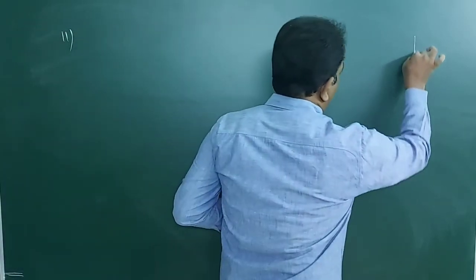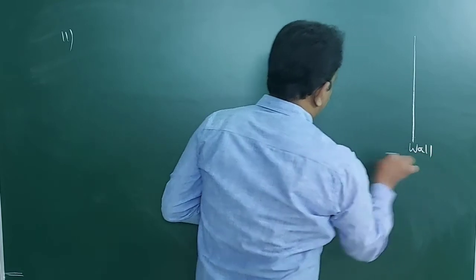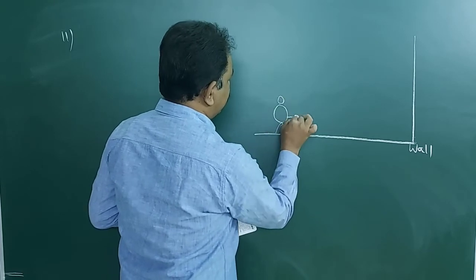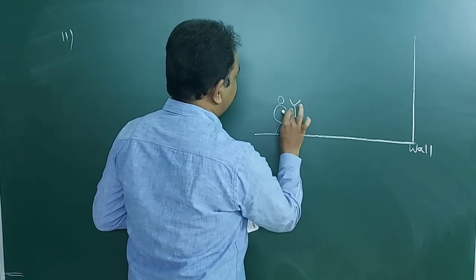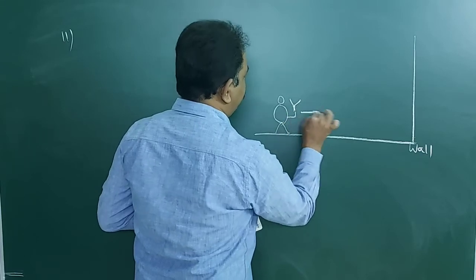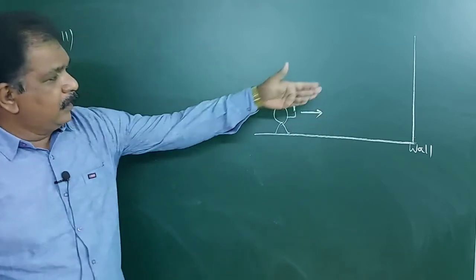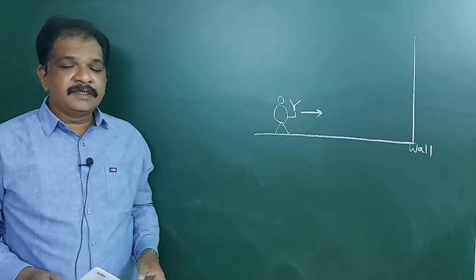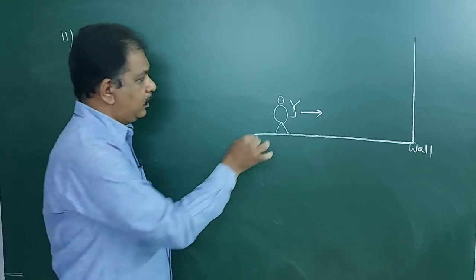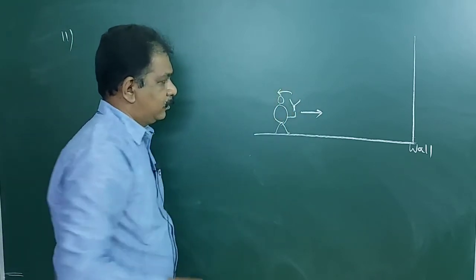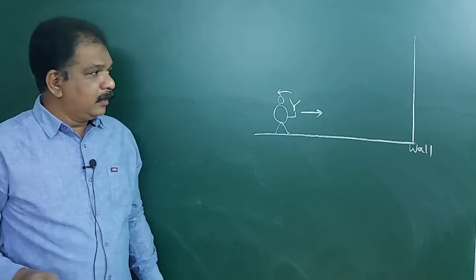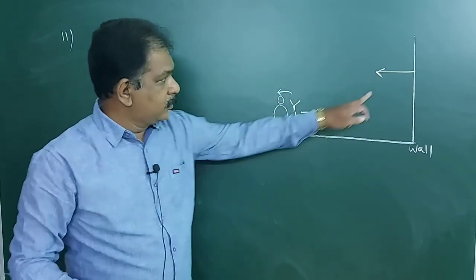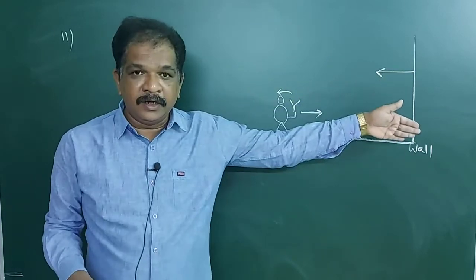Here is one vertical wall, this is some road. Here a person is holding a vibrating tuning fork. He is running towards the wall. This person will listen to two sounds. One will be direct sound, another will be reflected from the wall.